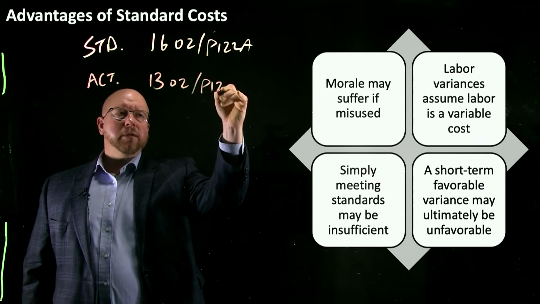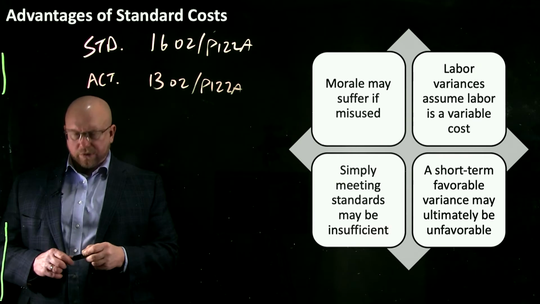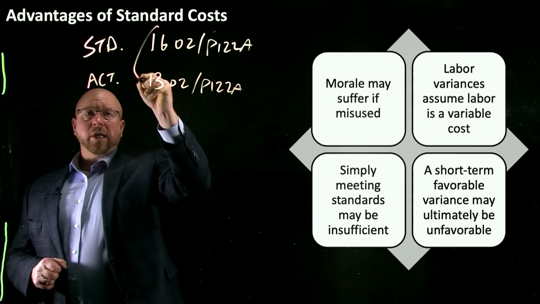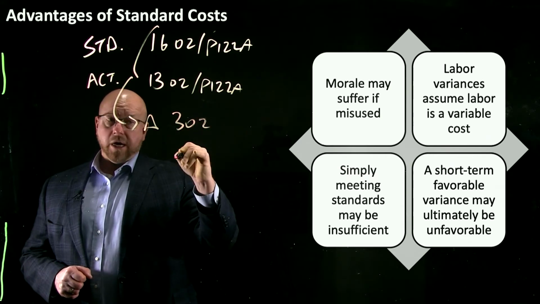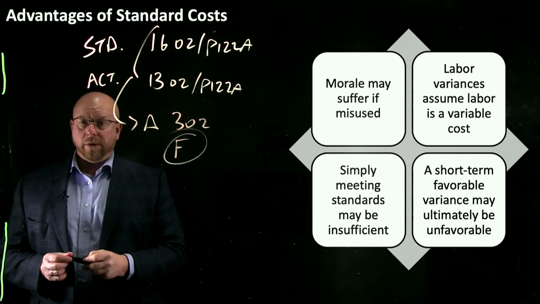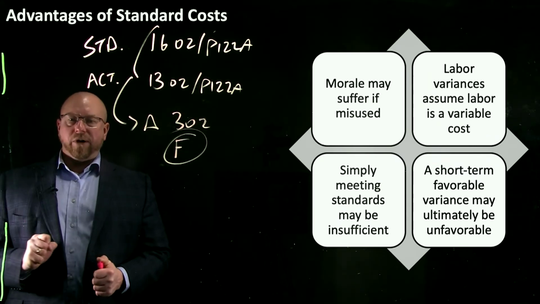On this size pizza, we're going to do 13 ounces. The actual quantity will be 13 ounces. This will translate to a delta of 3 ounces, and that will be favorable in the short run. That will give you a favorable materials quantity variance.